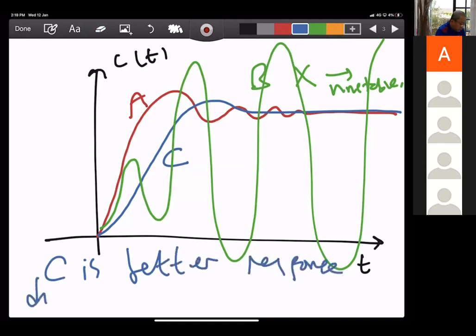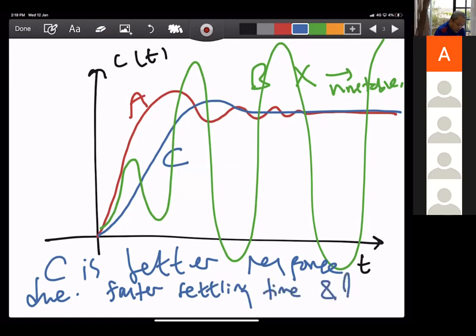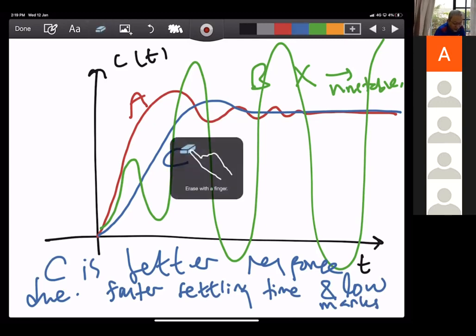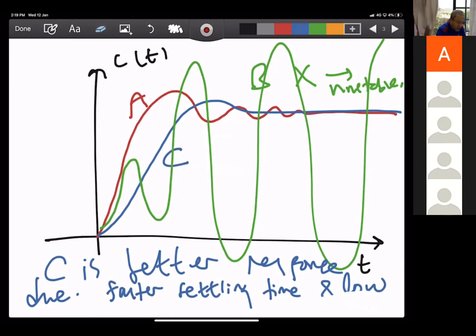Response due to faster settling time and low peak time. Low percentage overshoot, doctor.